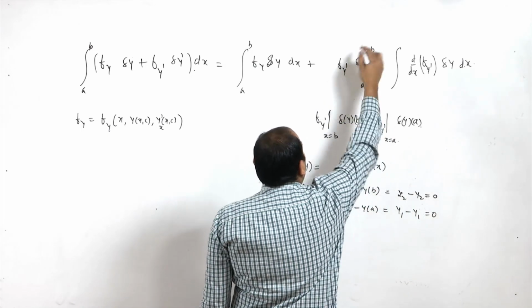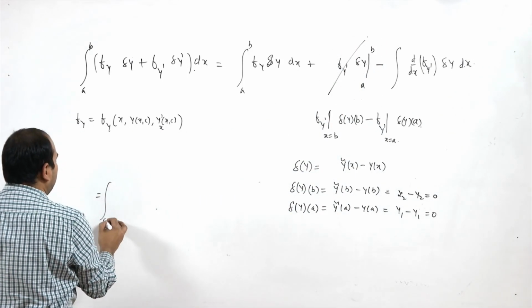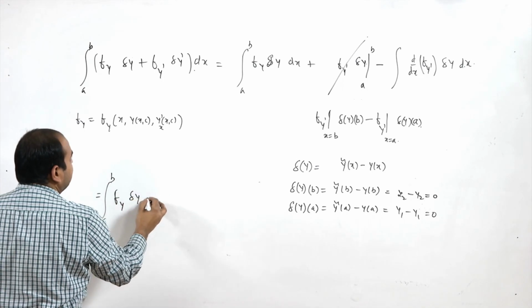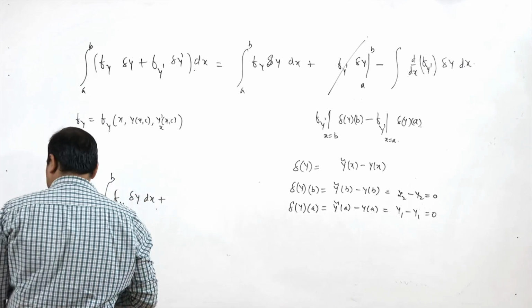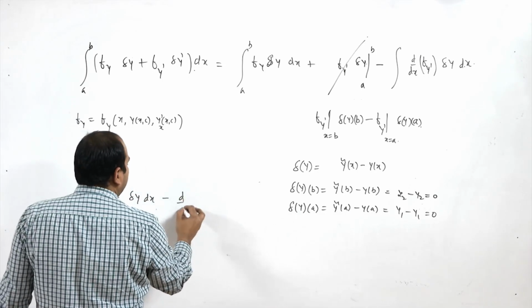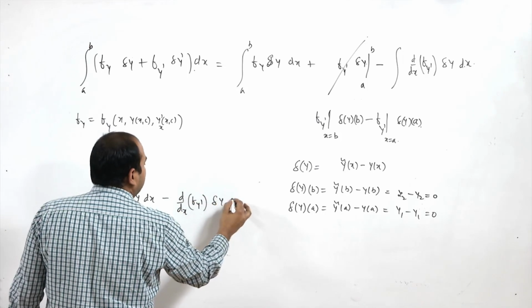So it means that this boundary term will simply vanish, and this can be reduced to the integral from a to b of f y delta y dx minus d by dx of f y dash delta y dx.